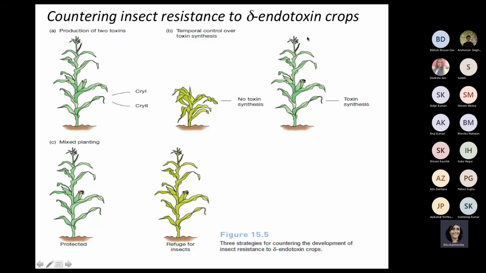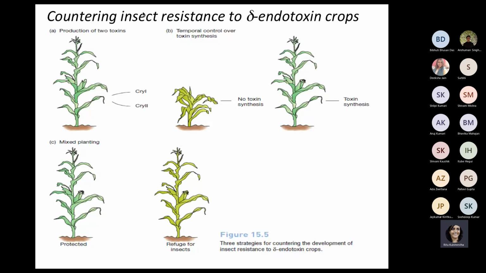We know it's a very dynamic nature and evolution. And as a result, there is a high chance that insects also, over due course of time, become resistant to whatever toxin we are giving.